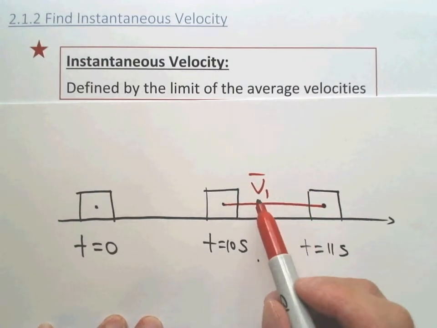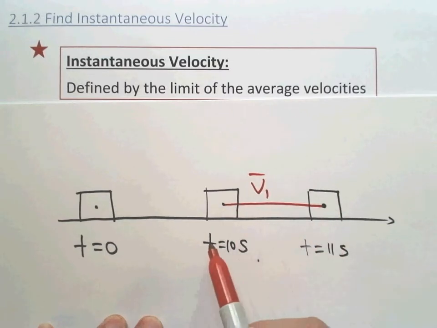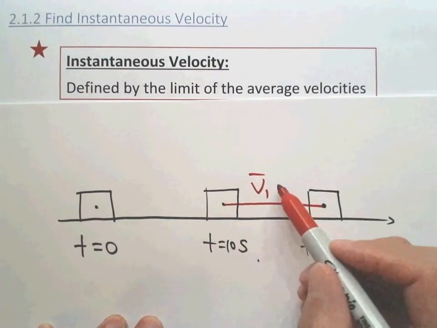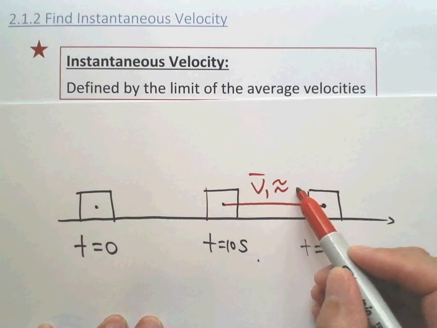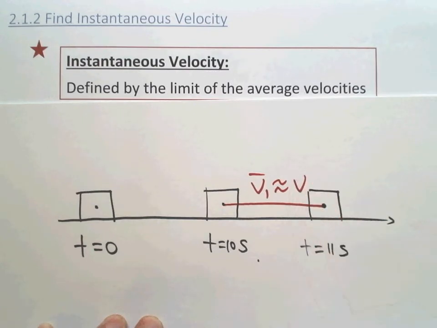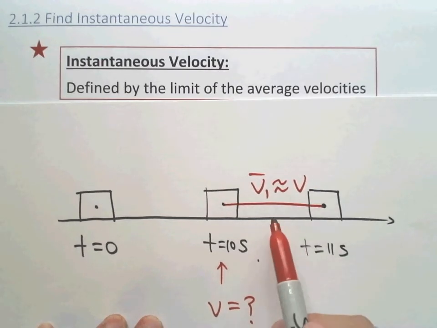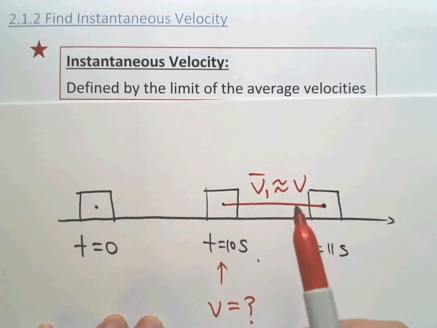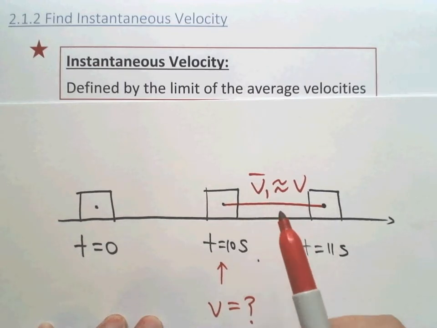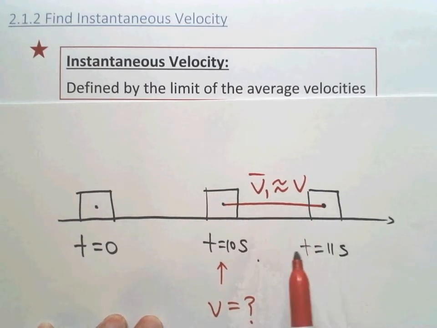The change in distance over the change in time. I can use this average to approximate the velocity at a specific time point, which is the instantaneous velocity. From this graph, you can see the instantaneous velocity can be estimated by this average velocity. But this approximation is not good.